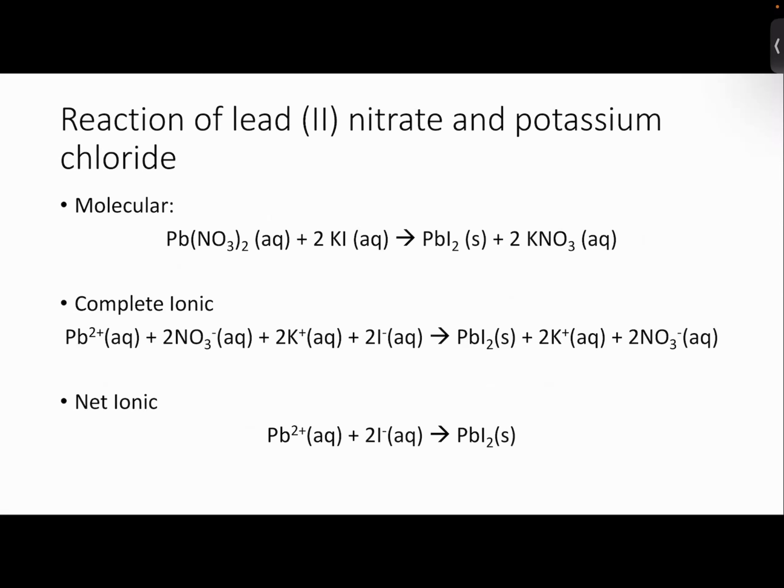So let's look at an example. A minute ago, I gave you the reaction of lead(II) nitrate reacting with potassium iodide to form lead(II) iodide and potassium nitrate. We said because of rule number 2, lead(II) nitrate was a soluble ionic compound, which means it is a strong electrolyte.